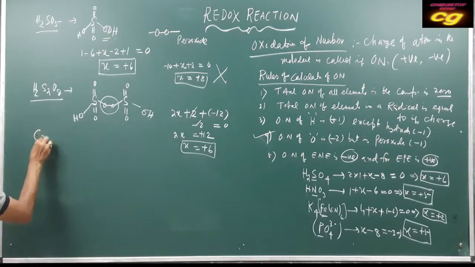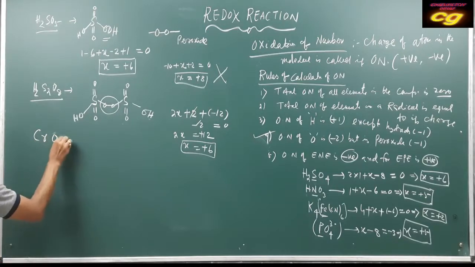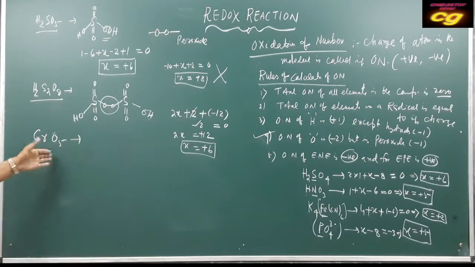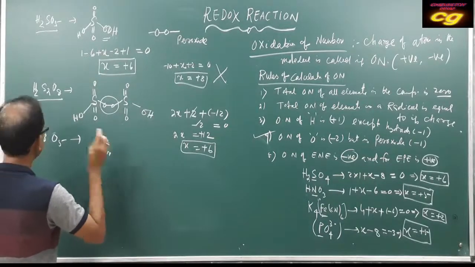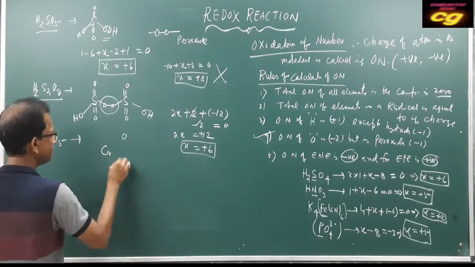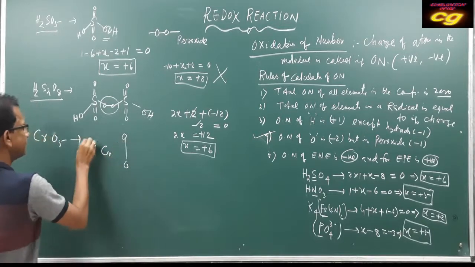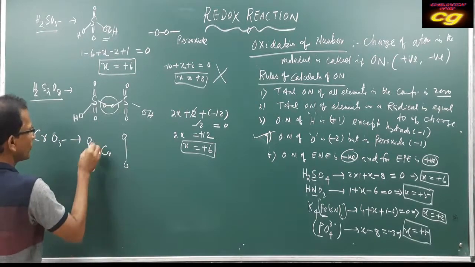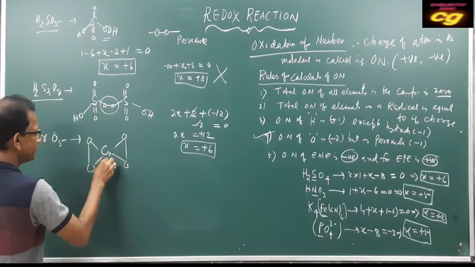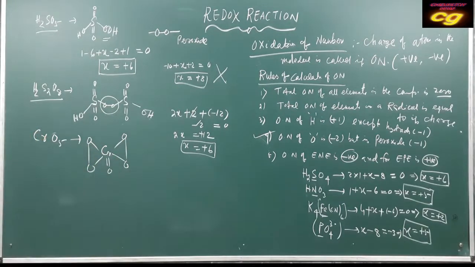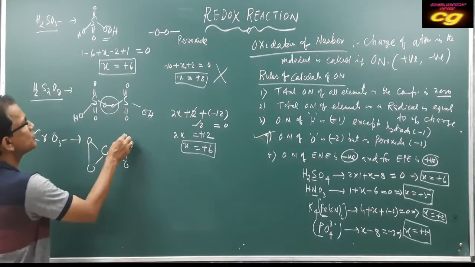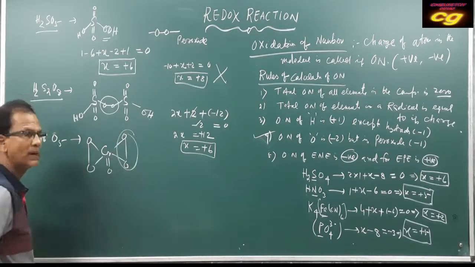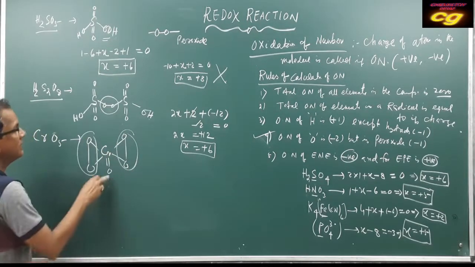Then suppose chromium pentoxide. If you calculate, chromium will be plus 10. It is wrong. But if you draw the structure, chromium oxide is like this. You see, this is the actual structure of CrO5. This is a peroxide part, this is also a peroxide part, and this is oxide.